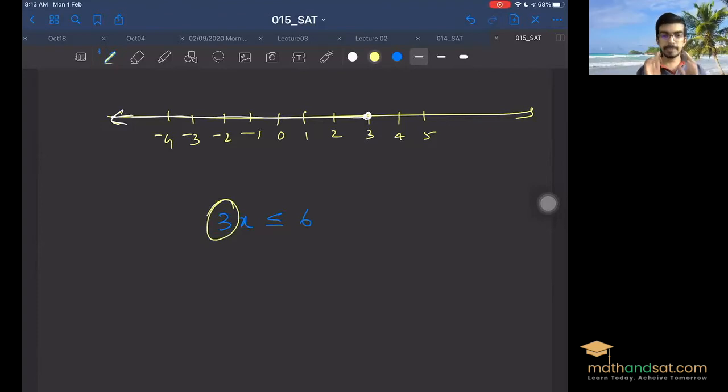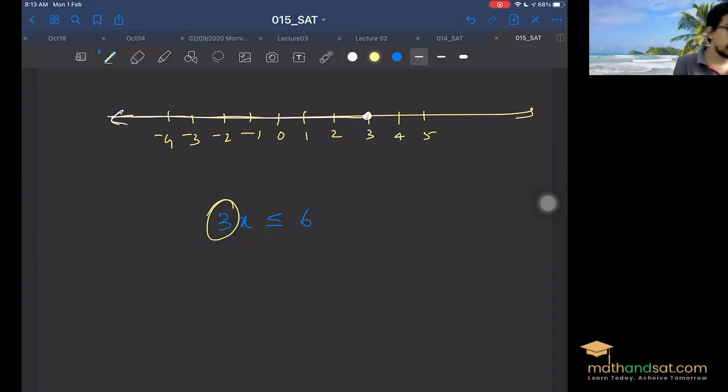Just like in an equation, you can divide both sides with the same positive number. When it is a negative number, there's a difference. I'll come to that. When it is a positive number, you can divide the inequality by the same positive number on both sides without affecting the inequality sign.